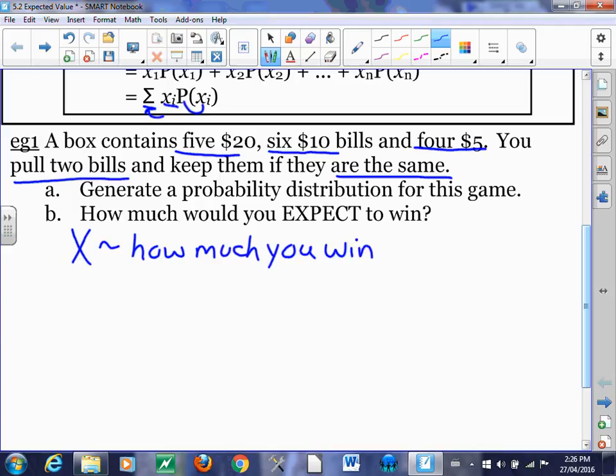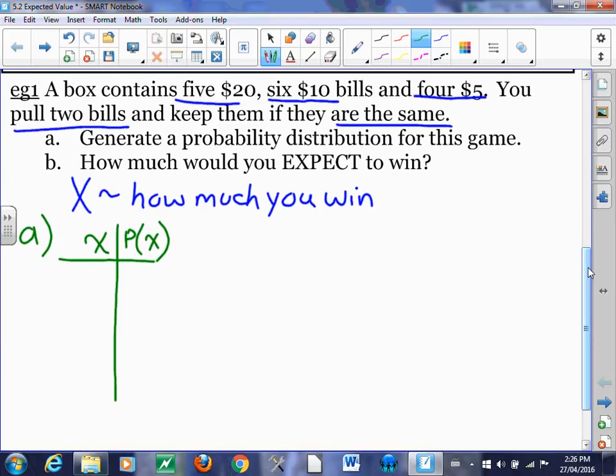So let's take a look at part A. Generate a probability distribution. Let's start with the highest possible win. The highest possible amount of money you could win is to get 2 20s, which is a total of $40.